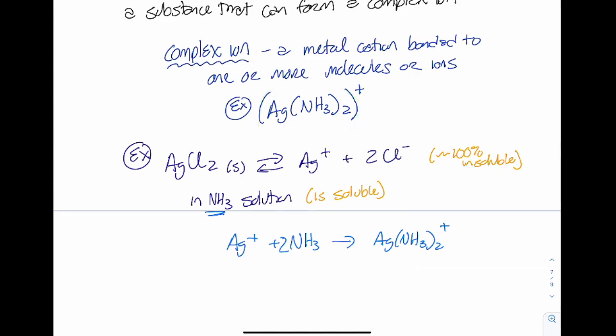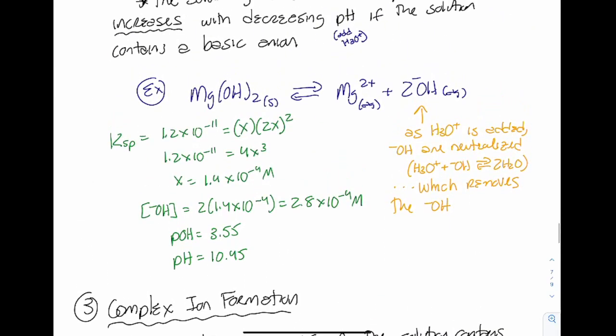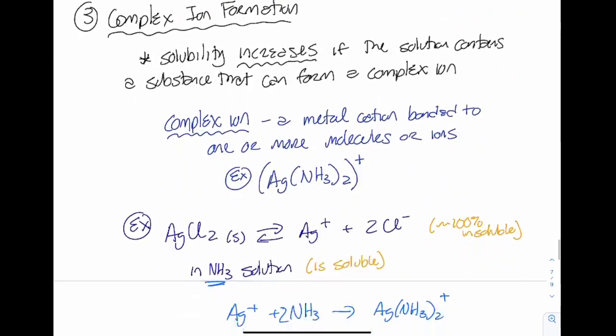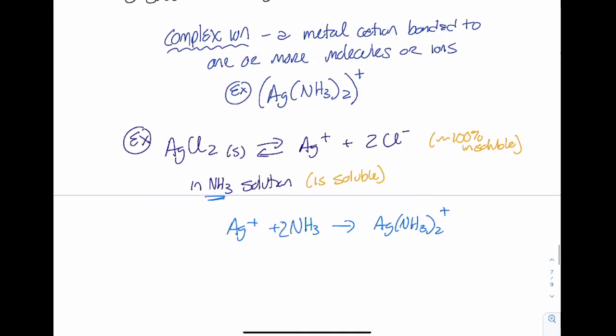So what we're doing, it's a Le Chatelier's principle deal again, is we're removing this from solution. Just like we did with our basic one before, I had this, I added acid to it. That acid neutralized that base. I don't have hydroxide floating around anymore. I have water. So I remove this, shifting my equilibrium in this direction. It's really the same effect, but just a different reason for it.